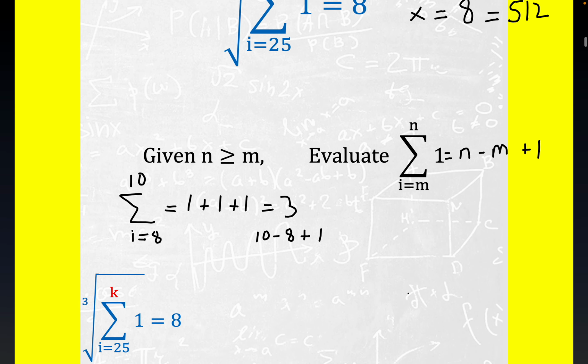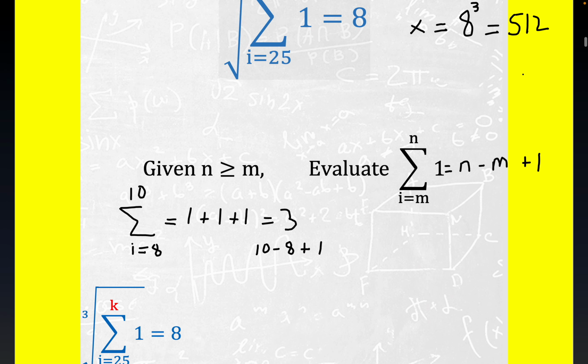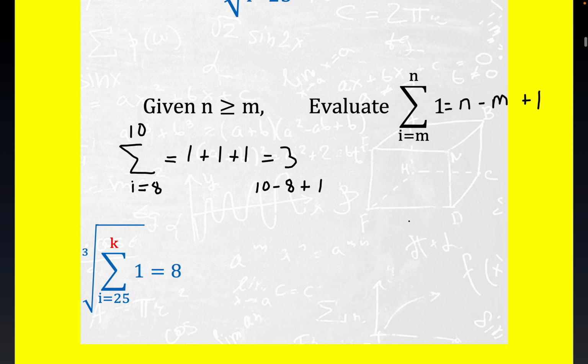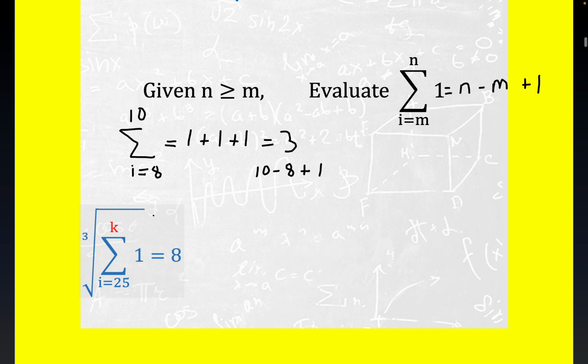What we know from up here is that the summand has to be equal to 512. So let me just write that in. This statement right here in the above arithmetic implies that the summation from i equals 25 to k, which is what we're looking for, the upper limit, k is an unknown, the only unknown in the problem.